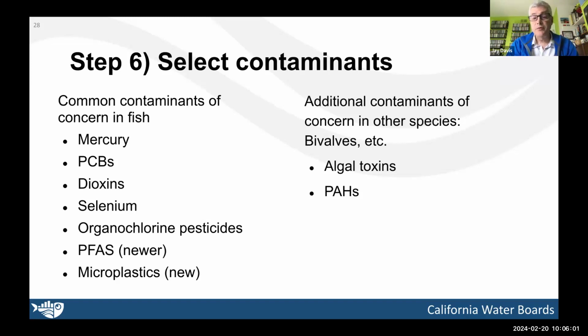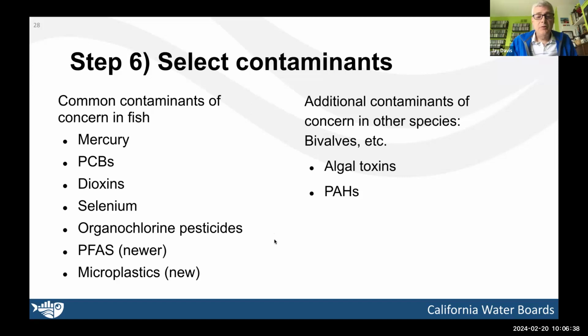San Francisco Bay is a good example where we frequently see levels of microcystin and saxitoxin in mussels in the bay that are above levels of concern. PAHs can sometimes be at levels of concern in bivalves, especially after spills. They accumulate more in bivalves because the bivalves don't metabolize them like the fish do.